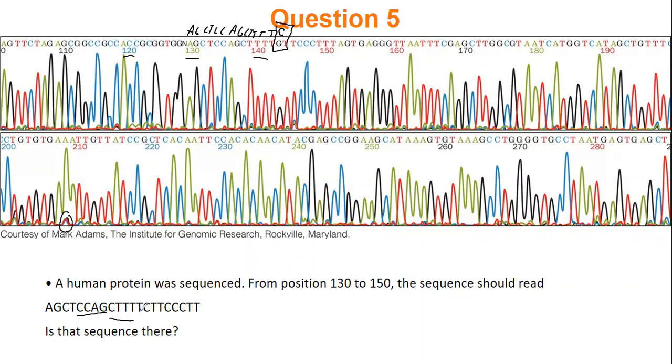So in my DNA sequence that I expected, I thought there would be a C at this position. When I got my results back from the lab, there was a G at that position, which means a mutation has happened in my experiment that I didn't want.